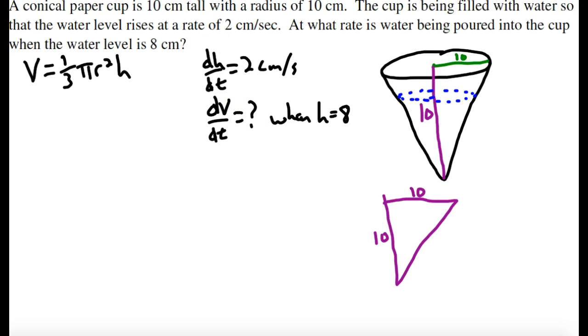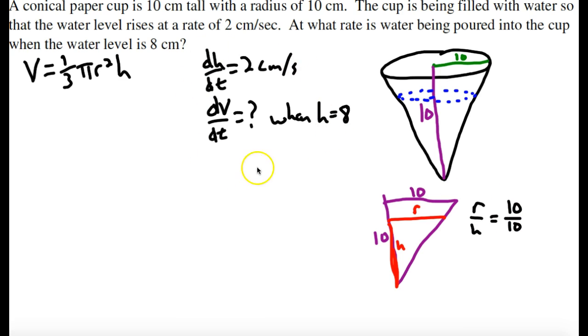This instance that I care about, we're just going to say is r and h. We want to think about these similar right triangles here. So I can say that r over h is equal to 10 over 10.